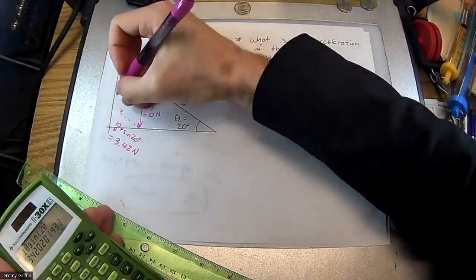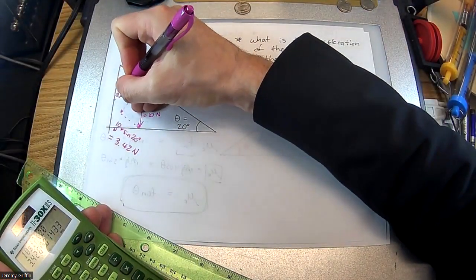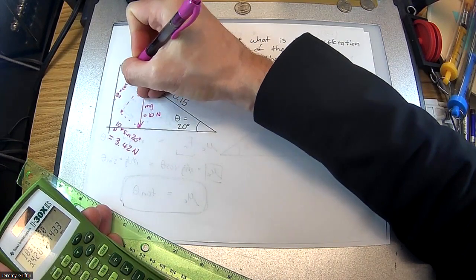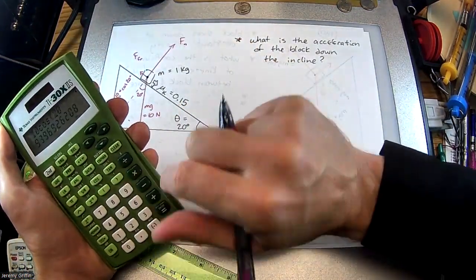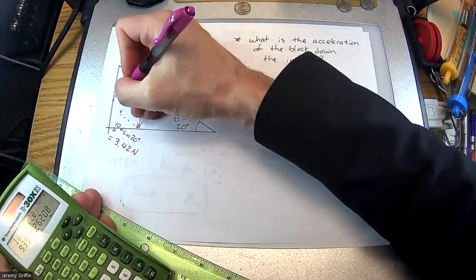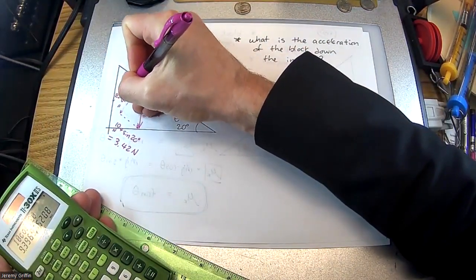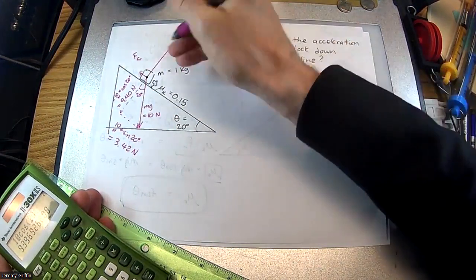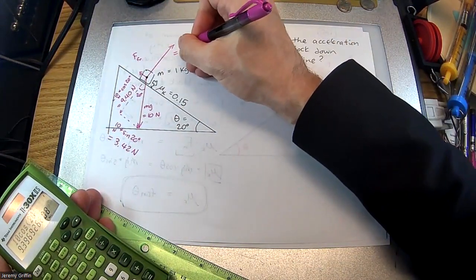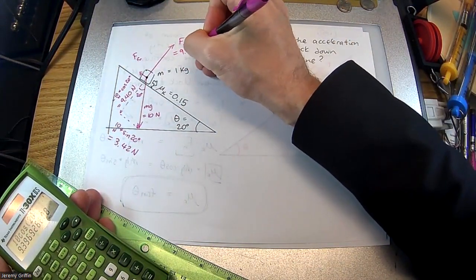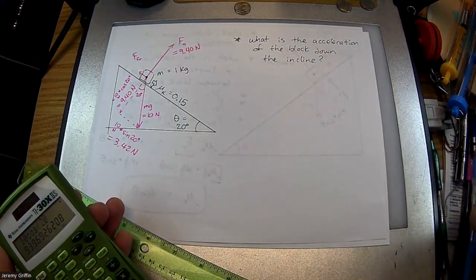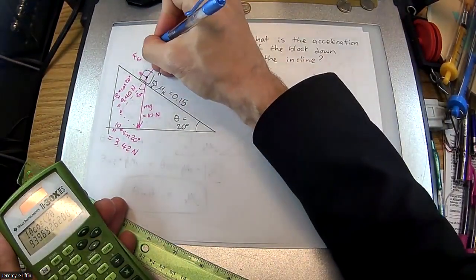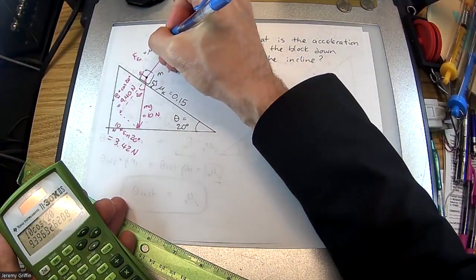I know this component right here is 10 newtons times cosine of 20 degrees. So pop in a cosine, getting 9.40 newtons, which means that the normal force must also be 9.40 newtons. Now this friction force is coefficient of friction times the normal force.